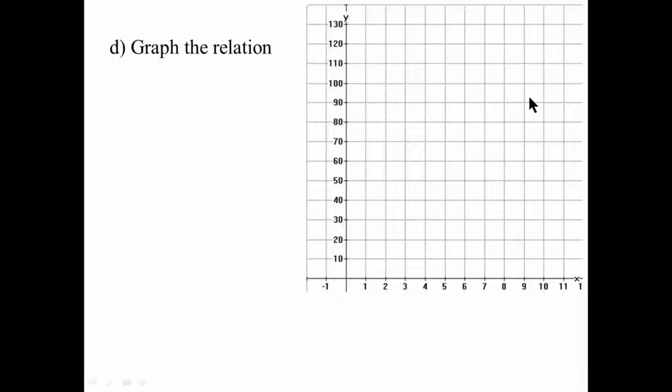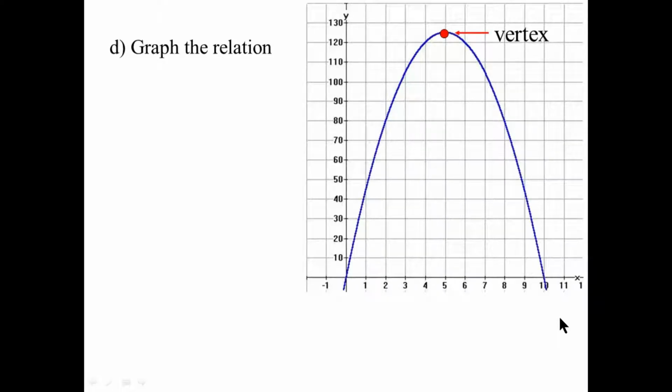Graph the relation. Okay, well, this is seconds, and this is height in meters. And we know the vertex is 125, and we know the zeros are at 0 and 10, so we can just put those points on and join them together into a curve.